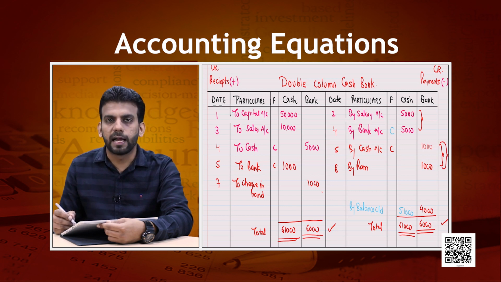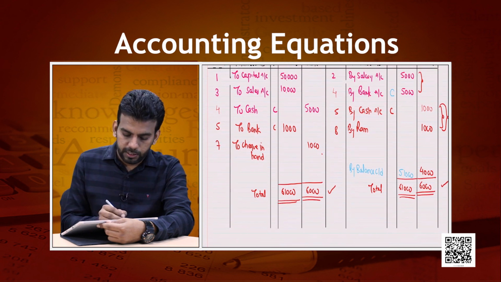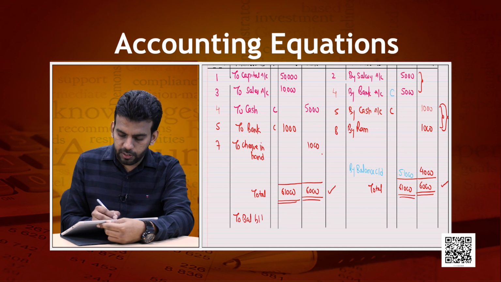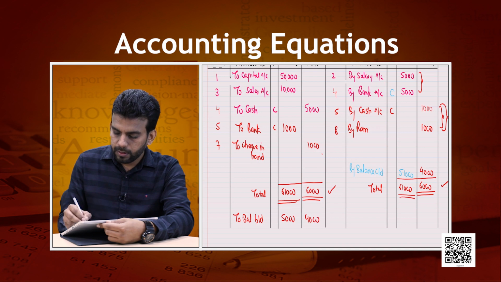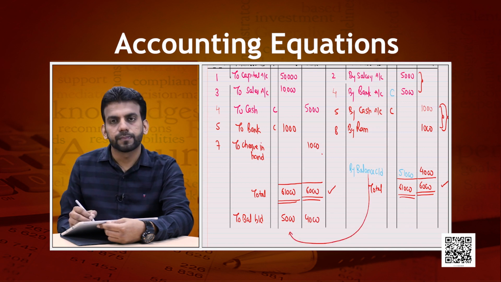This is how we balance our cash book. And the same balance is to be carried forward to next year. This balance CD becomes balance BD. This is all for cash book.